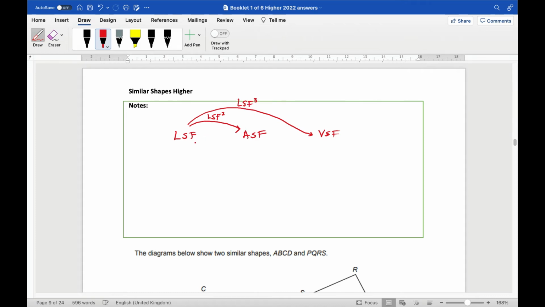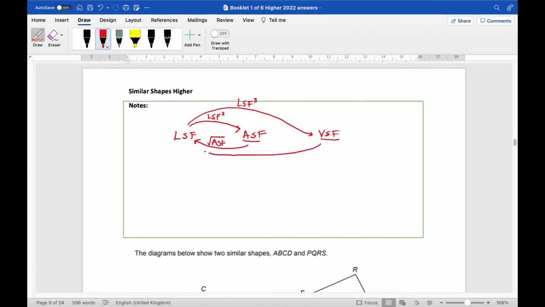So if I know the length scale factor, but I want the area scale factor, I square it. If I know the length scale factor, but I want the volume scale factor, I cube it. Or if it's one of these that I've been able to work out, but I want this one, then obviously I do the opposite. I square root this one to get that.